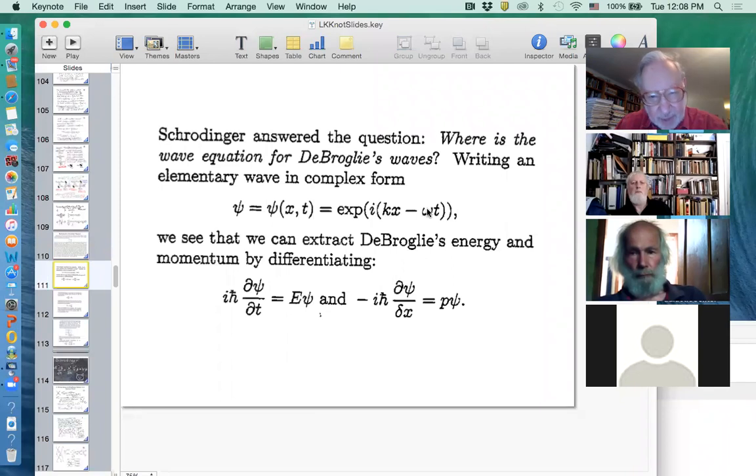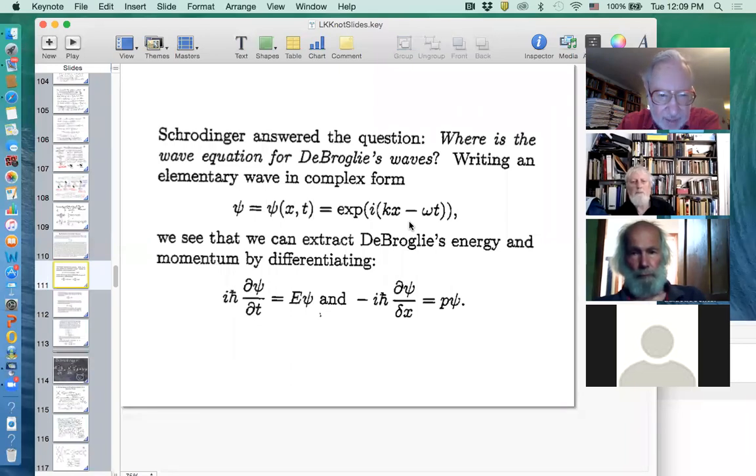You can think of a plane wave like this, and here's the wave number, and here is the frequency. And you can say, well, if I had a wave and I want something like a differential equation, then I could attempt to obtain these quantities, the energy and the momentum, by differentiating the wave function.